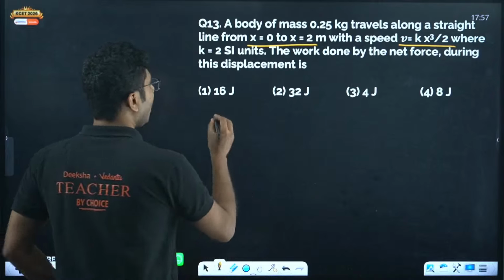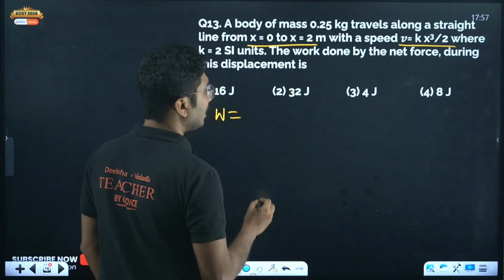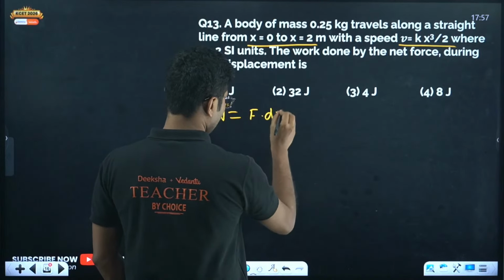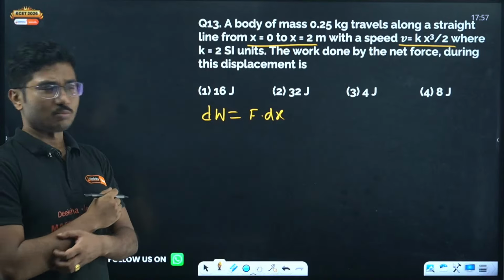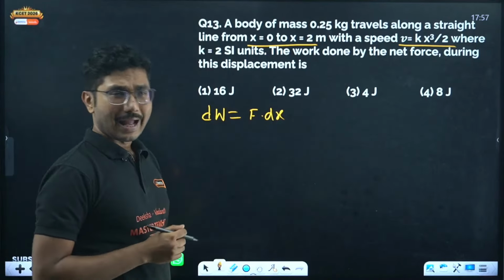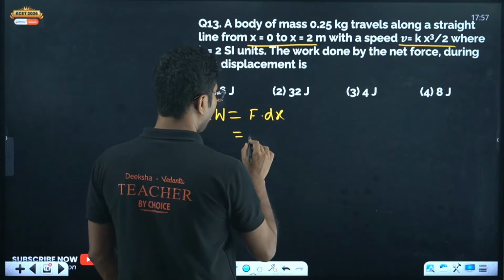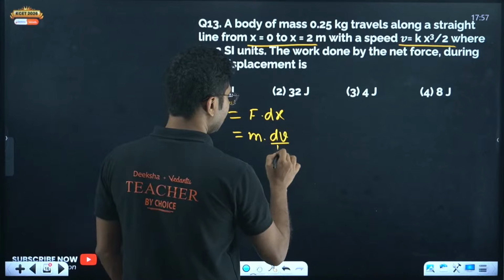Okay, so work done by net force is given by F into dx for a small amount of displacement. Now F can be written as m into dv by dt.